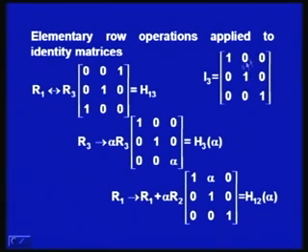When added into this, it is 1 plus alpha and then 0. So, this operation is called H12 alpha because alpha is a constant to be multiplied by the second row and added into the first. So, we have 3 different operations: H13, H3 alpha and H12 alpha.